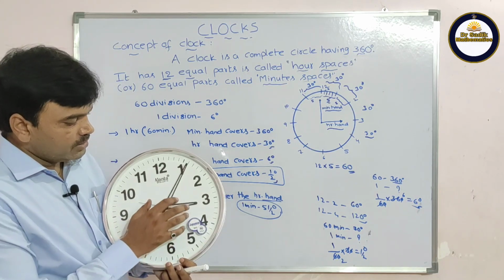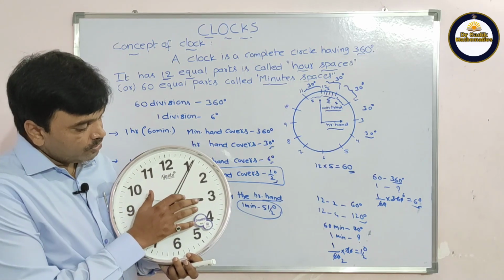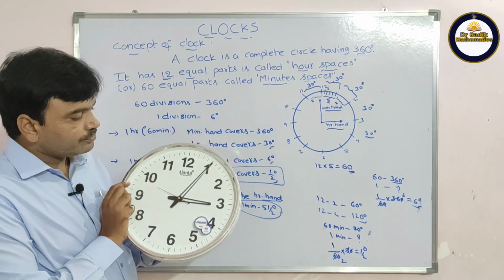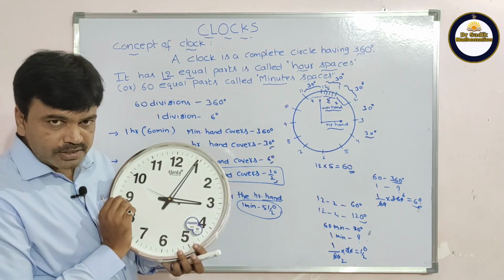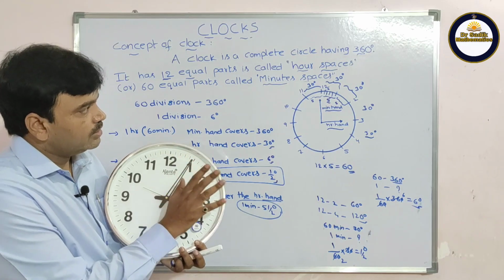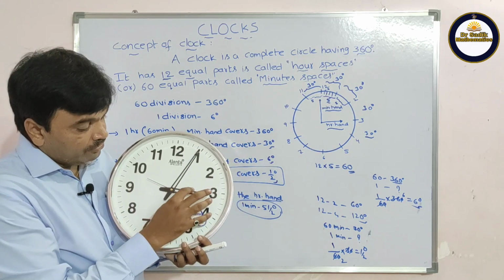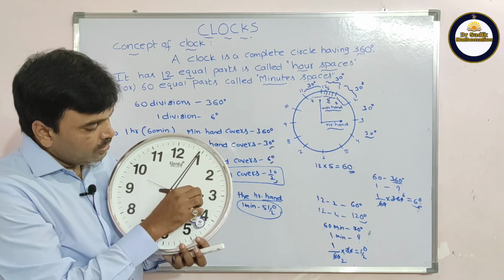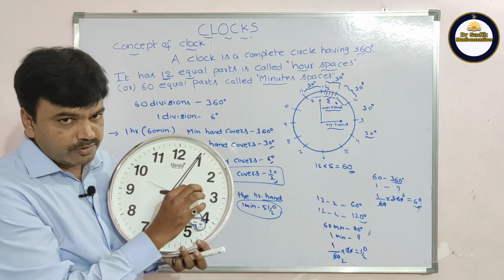See here what he says. Find the angle between these two hands, friends. Now if you observe here, say it is 3:05. How can you find the angle here? Say this is 30 and 30, 60 degrees? No, friends, no. The hour hand tilts. That means when the hour hand moves, it is not exactly at 3. It makes some angle.